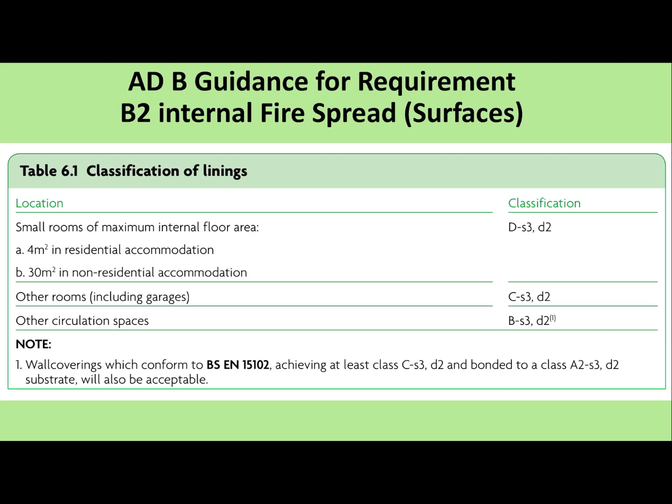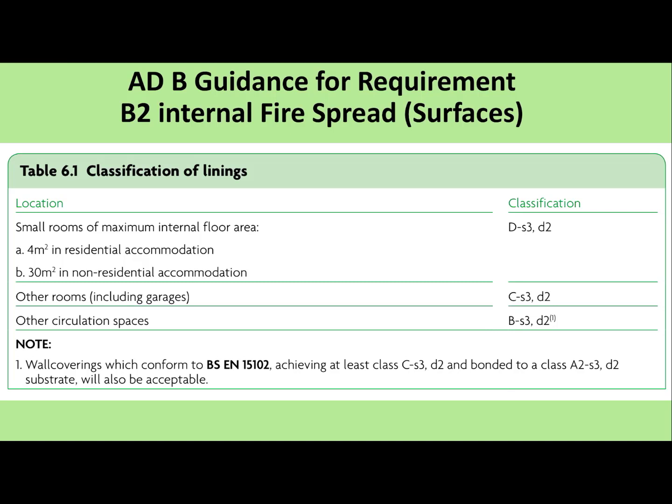The majority of the examples of reaction to fire are contained within B2, internal fire spread structures, where we will start at the bottom of the page on circulation spaces. Circulation spaces is class B. You might as well not even mention S3, D2 because it doesn't make any difference anymore.